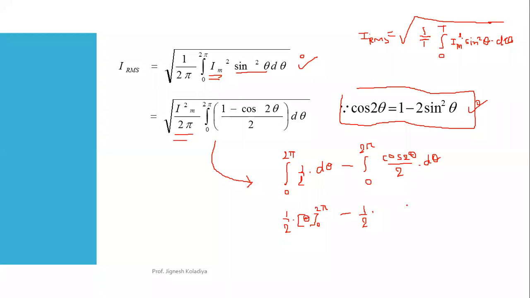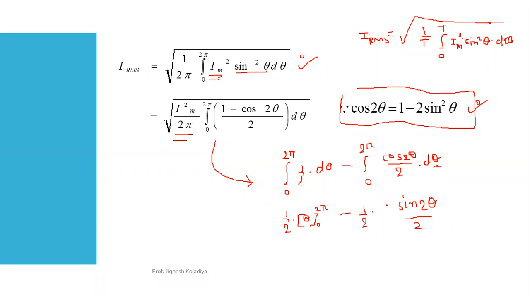Integration of cos 2 theta is sine 2 theta, but here it is 2 theta and our integration is with respect to theta, so I have to divide it by this constant 2.